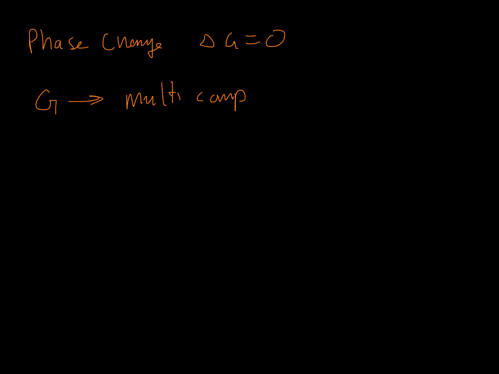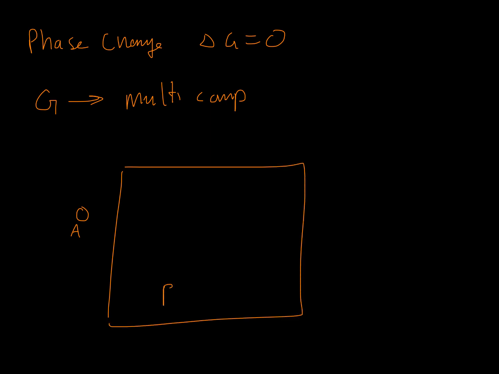We need fugacity to solve multi-component phase problems, because if I add one molecule of, let's say, material A to an infinite sea of material B, this A molecule, its entropy has shot up to infinity. And so the problem is when you're trying to do these basic fundamental phase calculations, it makes it really difficult to deal with infinite numbers, right?